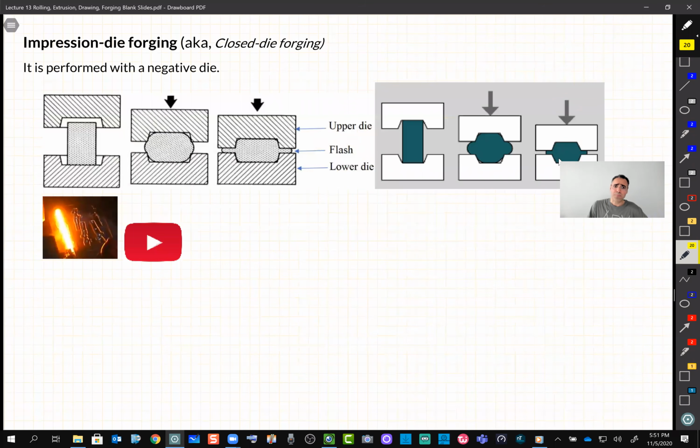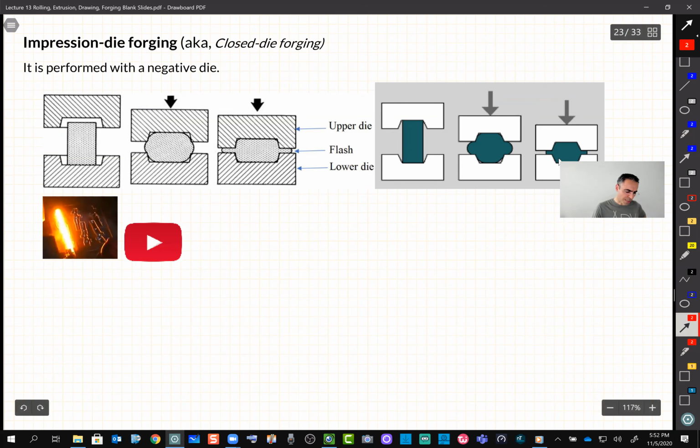Let's look at impression die forging, which is also known as closed die forging. Unlike the open die, this time we have two halves of the mold, and we impress the original material to the shape that we want.